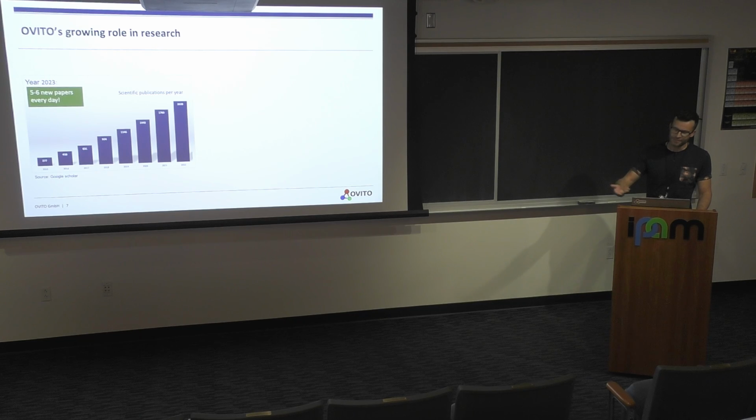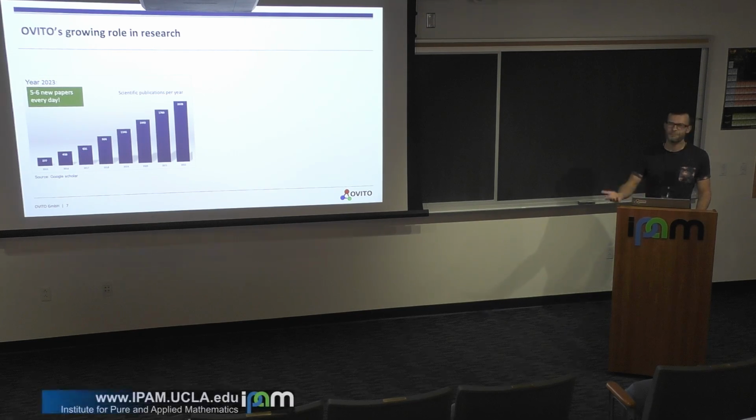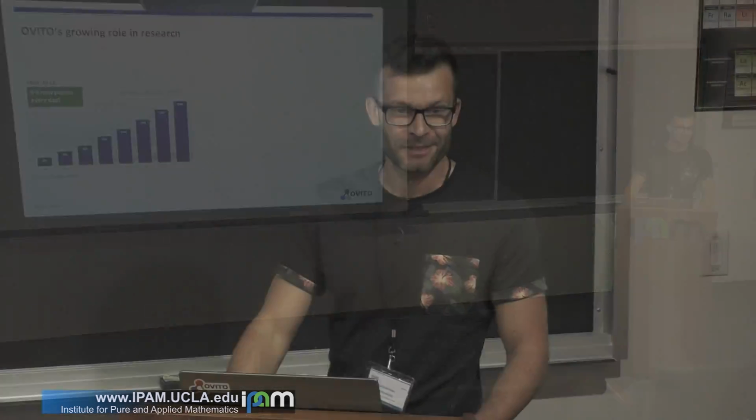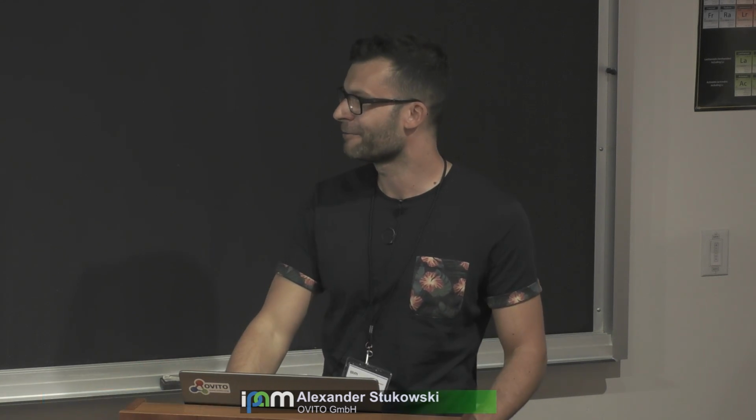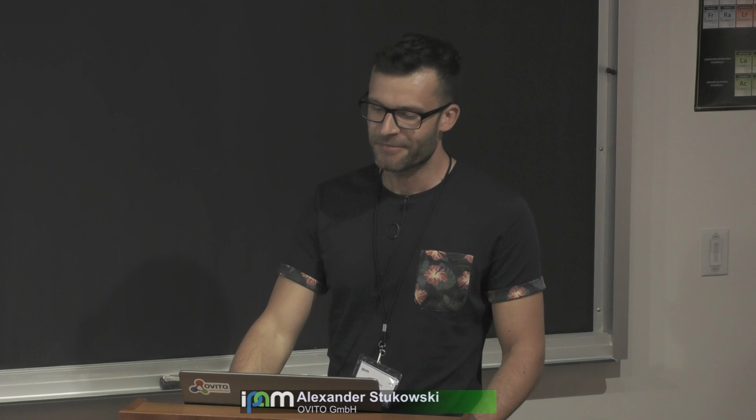And with this kind of success, of course, comes a lot of responsibility and work. Until 2020, I had been doing this on the side, basically as voluntary work. And at some point, of course, you have to ask the question, how can you continue? How can you keep a software project like OVITO alive in a sustainable manner?